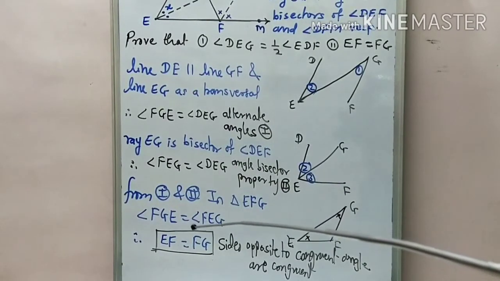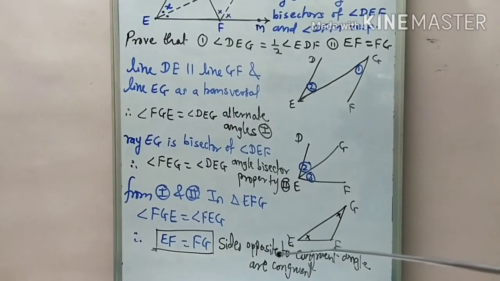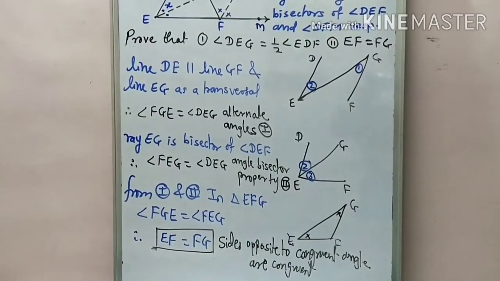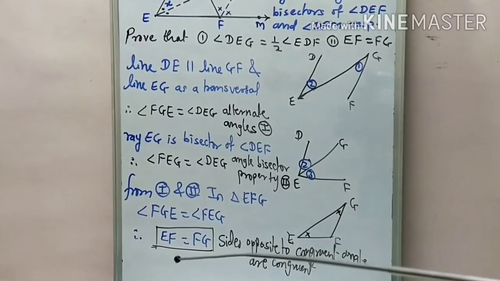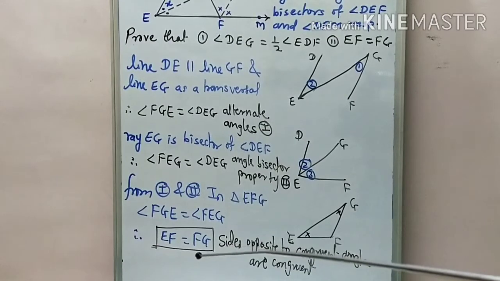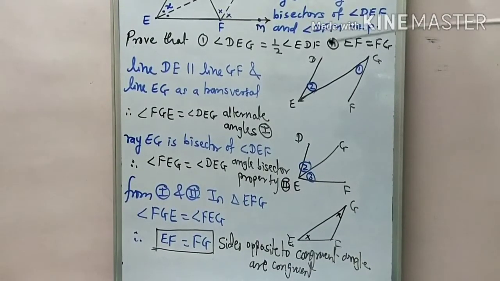Okay, and if angles are congruent or equal in measures, then the sides opposite to those congruent angles are also congruent, which is the isosceles triangle property, whose converse we have in the next topic, and hence we can say EF equal to FG. That we had to prove as our second part.